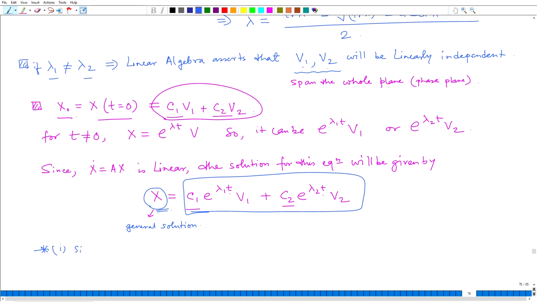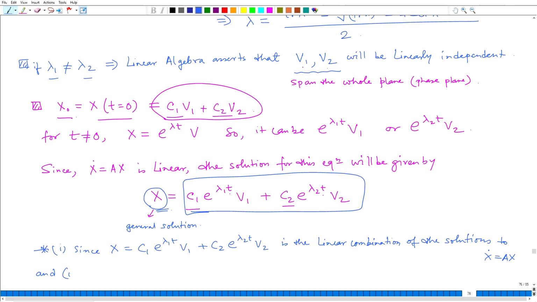First, x is equal to C1 e to the lambda 1 t V 1 plus C2 e to the lambda 2 t V 2 is the linear combination of the solutions to x dot equal to A x, and also this solution satisfies the initial condition.